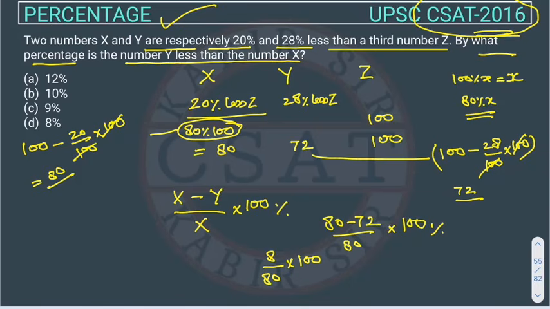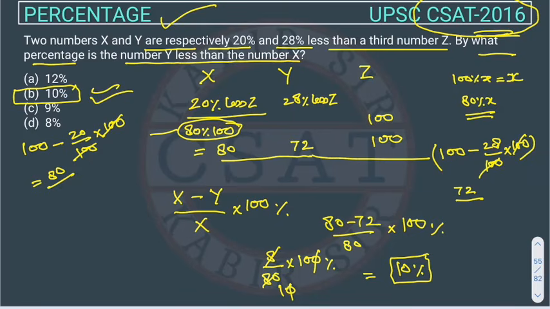The 8 cancels with the 80 to give 10, so it is 10%. So Y is 10% less than X. The answer will be B, so option B is our correct answer.